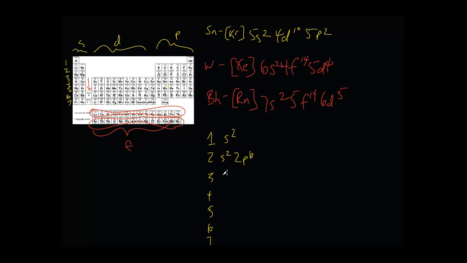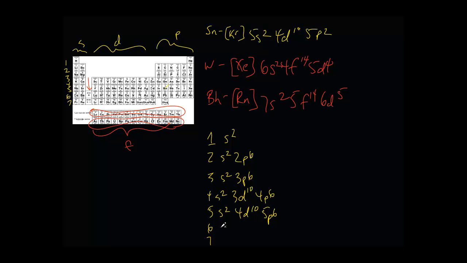In the third period, it's going to be 3s2, 3p6. In the fourth, it's going to be 4s2. Going to get to that d block now, 3d10, 4p6. In the fifth, it's 5s2, 4d10, 5p6.